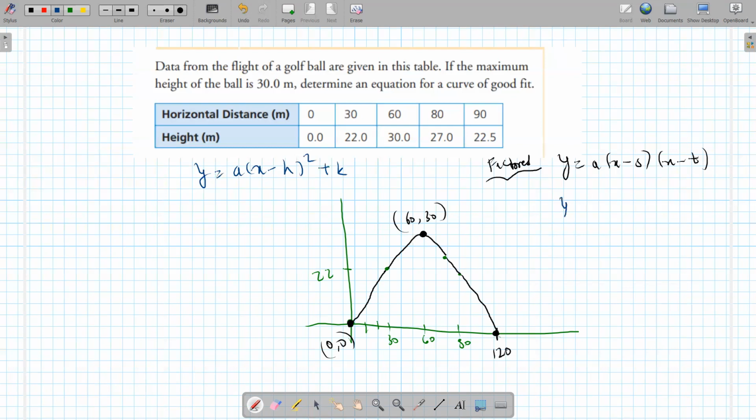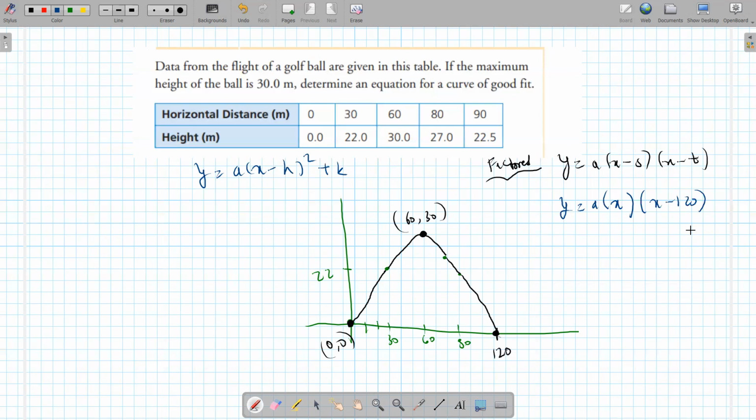So if you want to use the factored form, again, what are our x-intercepts here? 0 and 120. So let's just replace s with 0. So x minus 0 is still x, and x minus 120. How do we come up with what a is? Look for any other point on the curve.